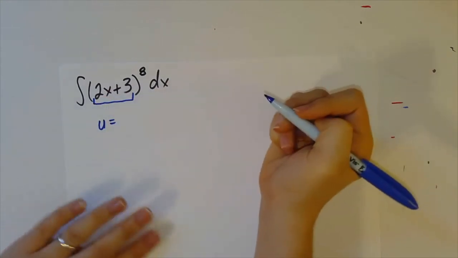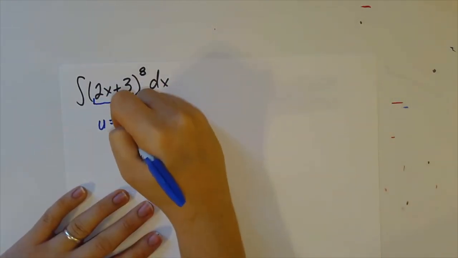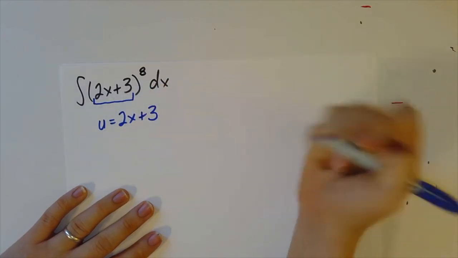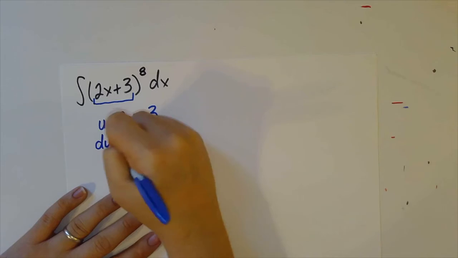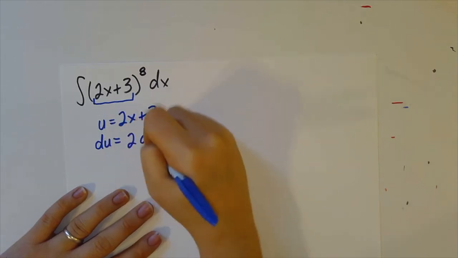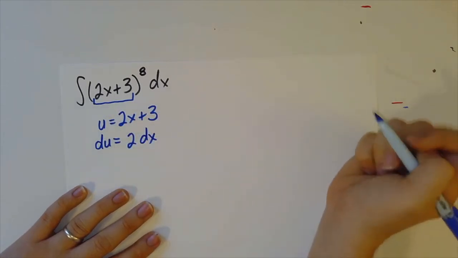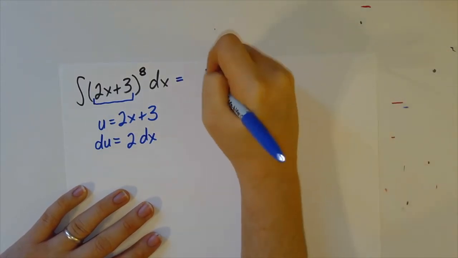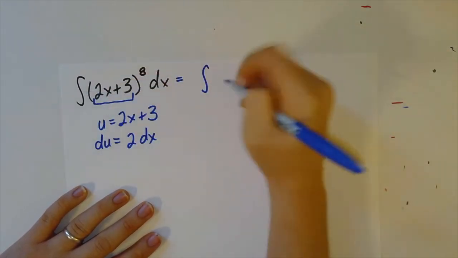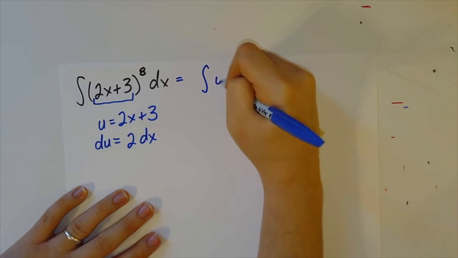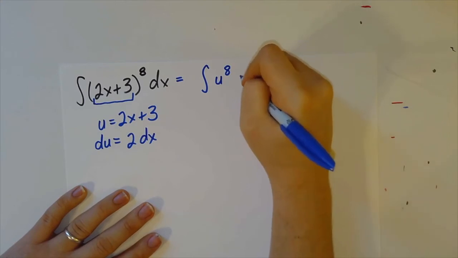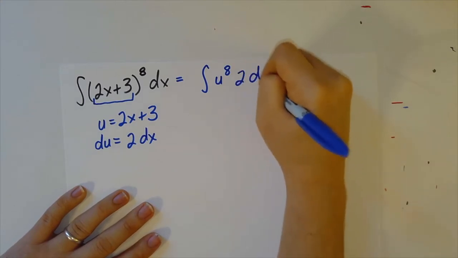So I can write here u equals 2x plus 3. That's my inside function. Then I'll write down the du, which will be 2dx. And then I'll translate everything here. So this will be the integral of u to the 8th, and then I'll put a 2 in front of the dx.